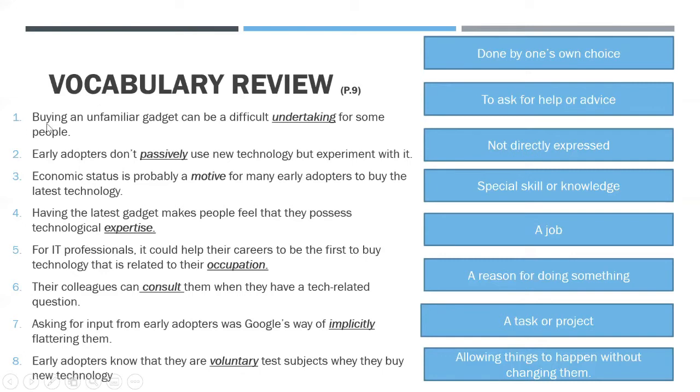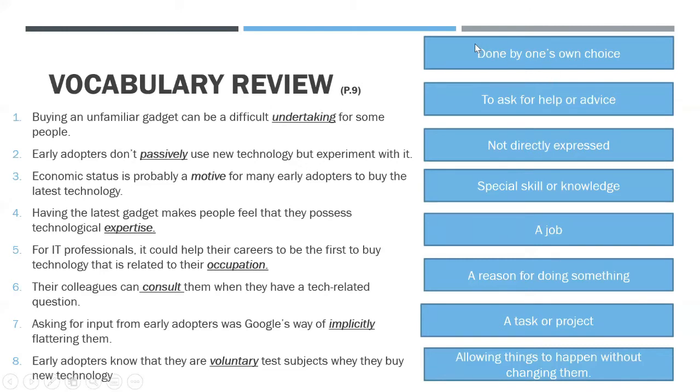So we will read the entire sentence, outline the vocabulary term, and then match it with its definition. So number 1, buying an unfamiliar gadget can be a difficult undertaking for some people. Our key term is undertaking.